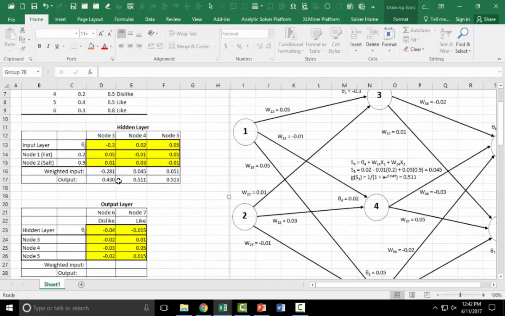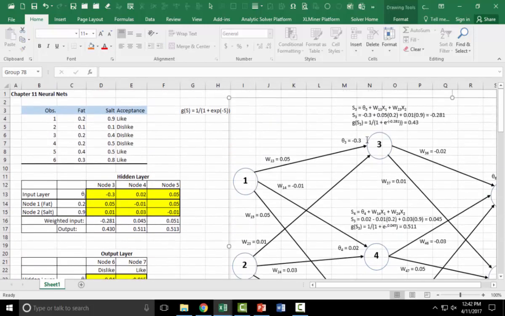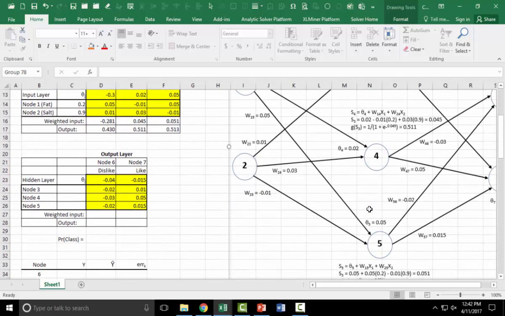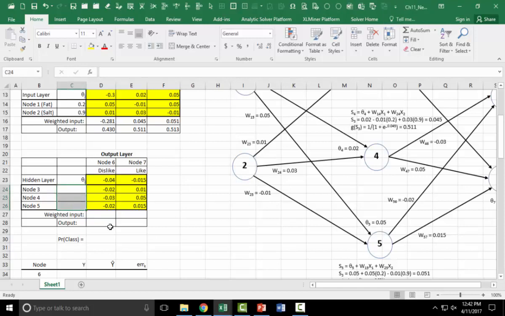So now these are the outputs going out of 3, 4 and 5. So outputs going from 3, 4 and 5, so these are these three, and these are the inputs.